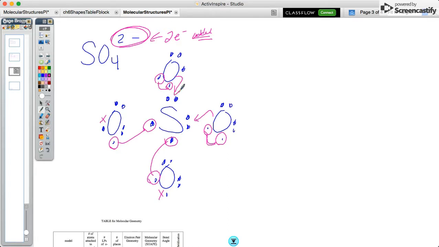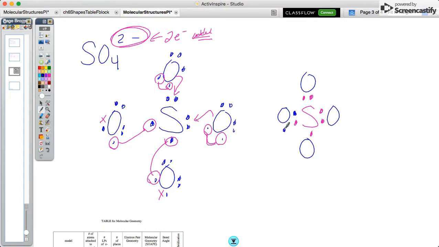So what I can see is that I've got sulfur, and my sulfur is making 4 single bonds. If I want to do the same thing and show ownership of electrons, I'm going to show sulfur with its 6 valence electrons, and I'm going to show each oxygen coming in on those valence electrons.